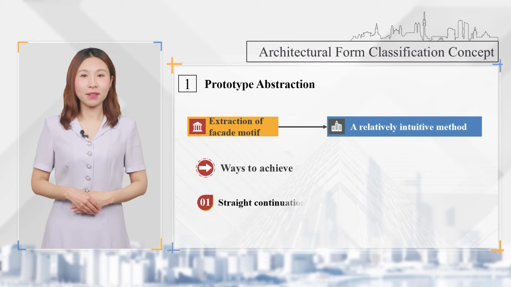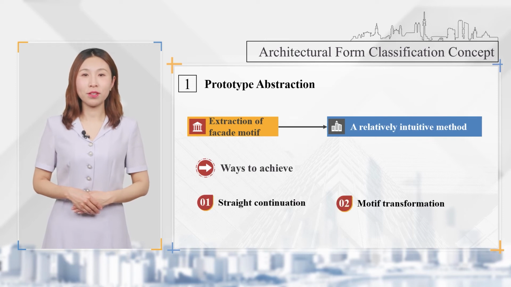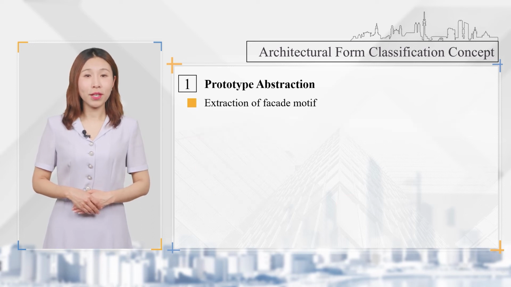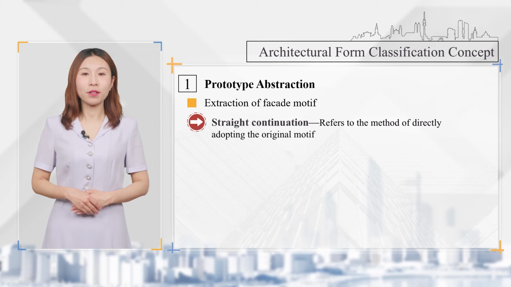In this technique, there are two situations of straight continuation and motif transformation. Straight continuation refers to the method of directly adopting the original motif, such as the traditional facade in the reconstruction of the historical district of China.